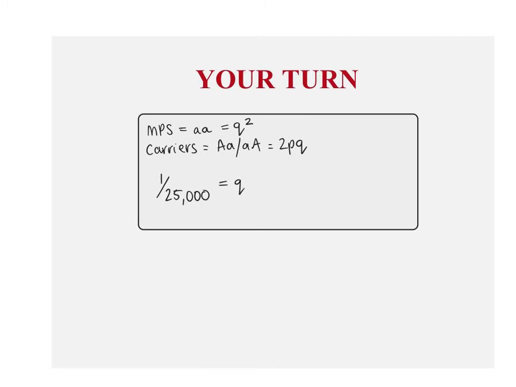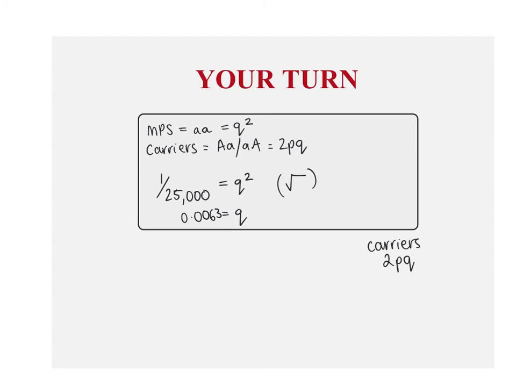So 1 in 25,000 is the same value as q squared. We square root that, it gives us a q value of 0.0063. So we just write that in there. Now remember, I'm looking for the carriers, and those are my 2pq.